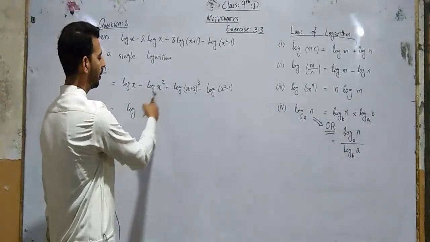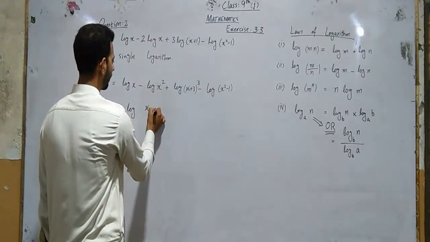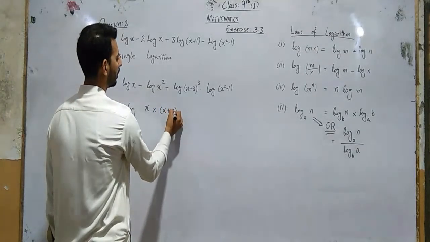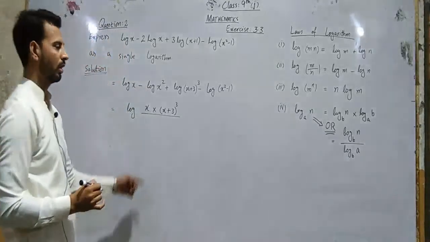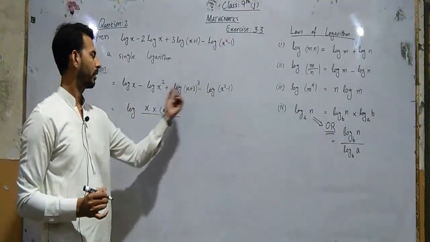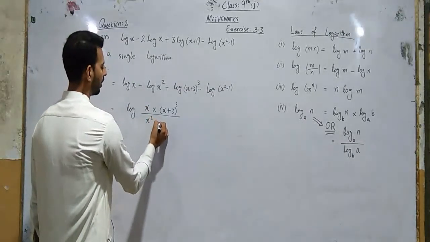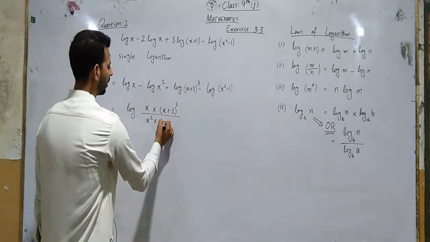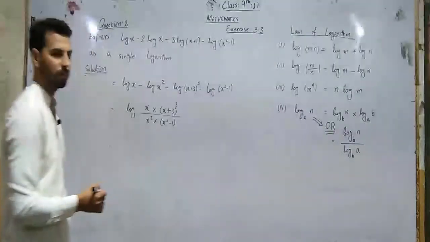Now plus value will be multiplied with it, so this is multiplied by x plus 3 raised to power 3. Now the minus parts. So log of x squared, so we will just write x squared multiplied by x squared minus 1.